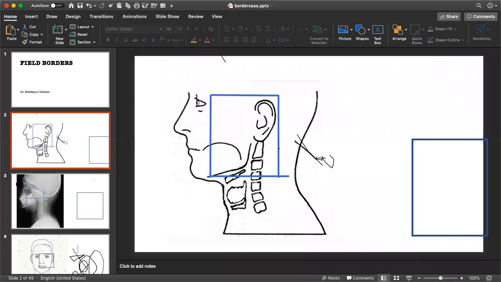So I said that the posterior border, the level 2. Just imagine your face. What are the insertions of the sternocleidomastoid? Even the name suggests that it starts from the mastoid and ends at the clavicle, and some of the fibers end at the clavicle, some of the fibers end at the sternum.